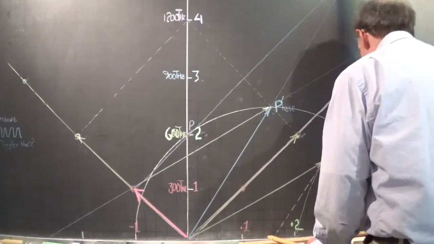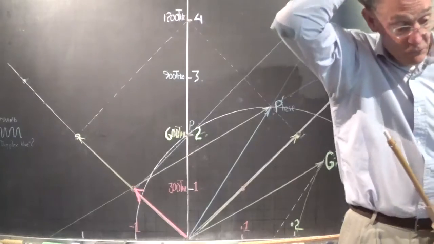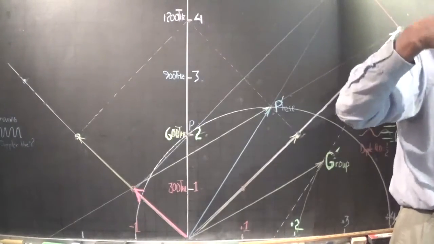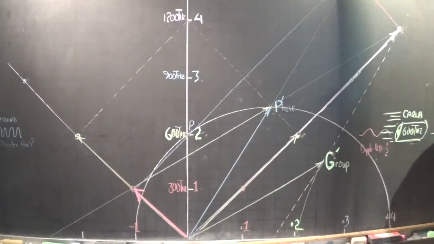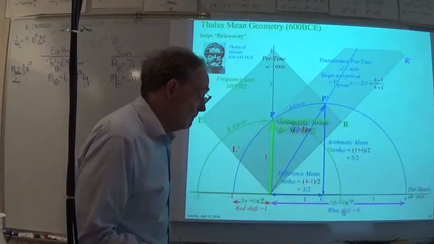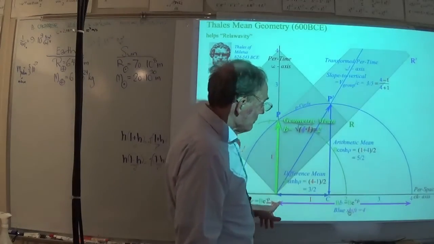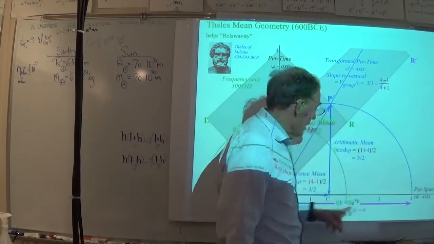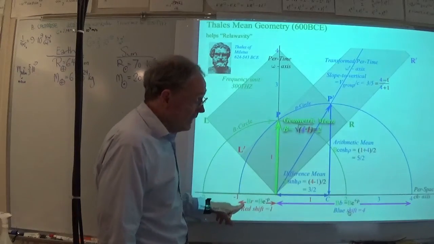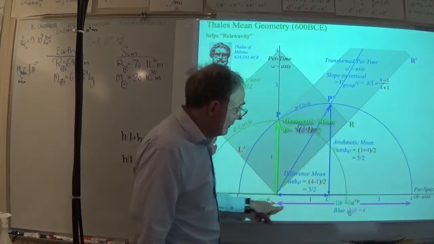And remember, we said that this construction was inside the relativistic view of the phasors adding. So basically the idea is if you want to find the geometrical mean by geometry, which is certainly appropriate for this exercise here, you put the two lengths side by side so they sum, and you bisect that distance.